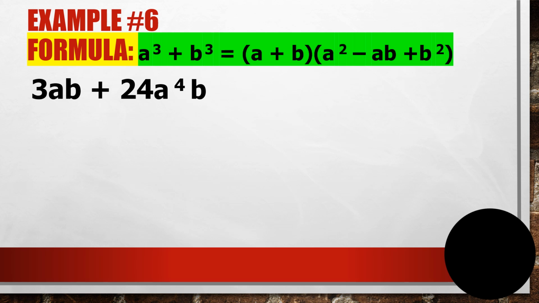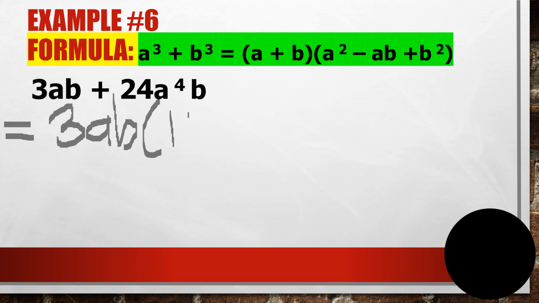Okay, as you can see, we have 3ab and 24a raised to the power of 4 and b. Its GCF here is 3, and then the variable we have a, we have b. The remaining factor we have 1 plus 8a cubed, right?